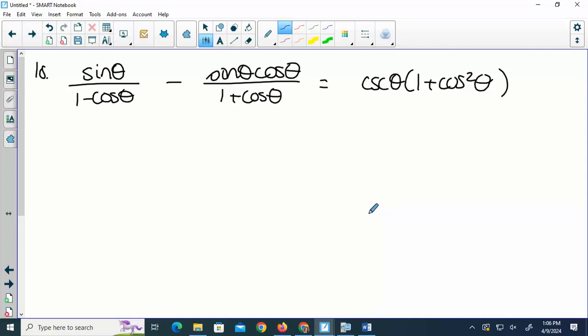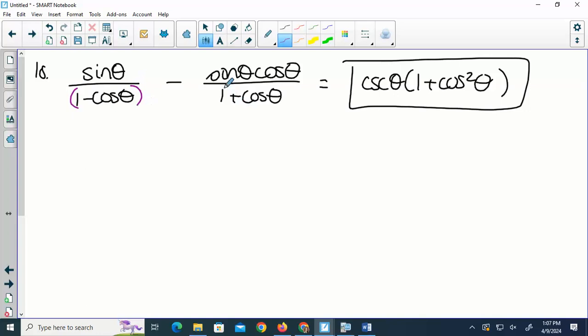Which side do you want to box in? Okay, on the left, if you want to add or subtract, what do we need? The common denominator. Alright, so this one has 1 minus cosine, it needs 1 plus cosine theta.